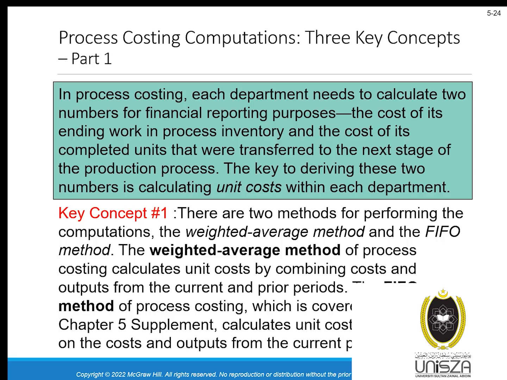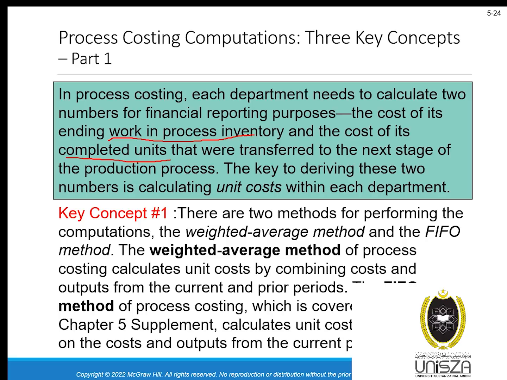So we need to give concern to the WIP inventory and the completed units that will transfer to the next stage of the production process. The key to deriving these two numbers is calculating unit cost within each department.